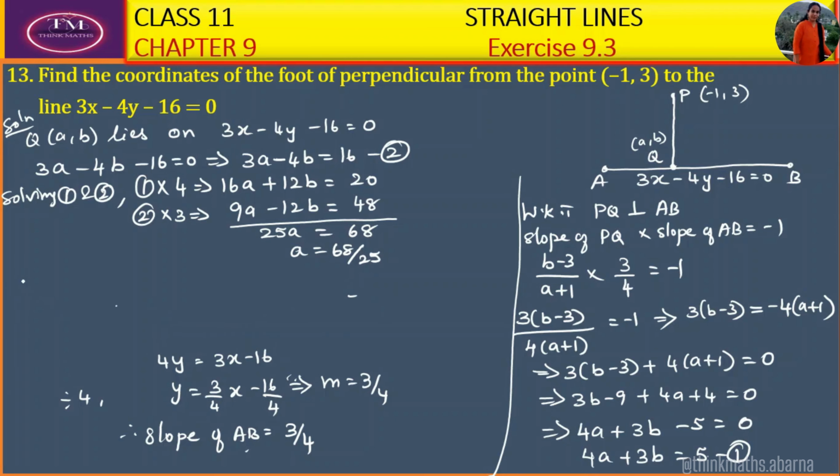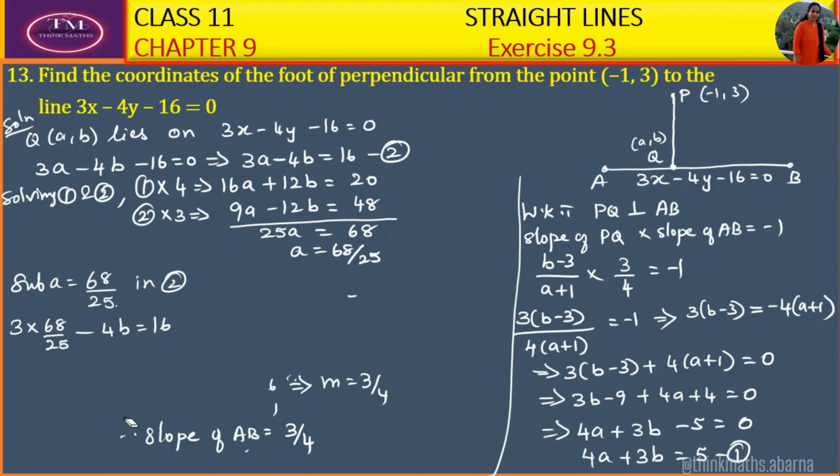So substitute a is equal to 68 by 25 in the second equation. So what is the second equation? It is 3 into 68 by 25 minus 4b equal to 16. So what can we do now? We can keep the minus 4b on one side and take the others to the left hand side. So keep the minus 4b here.